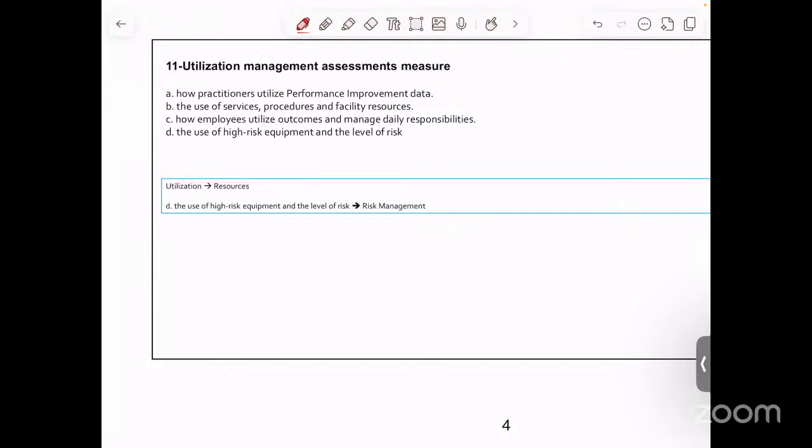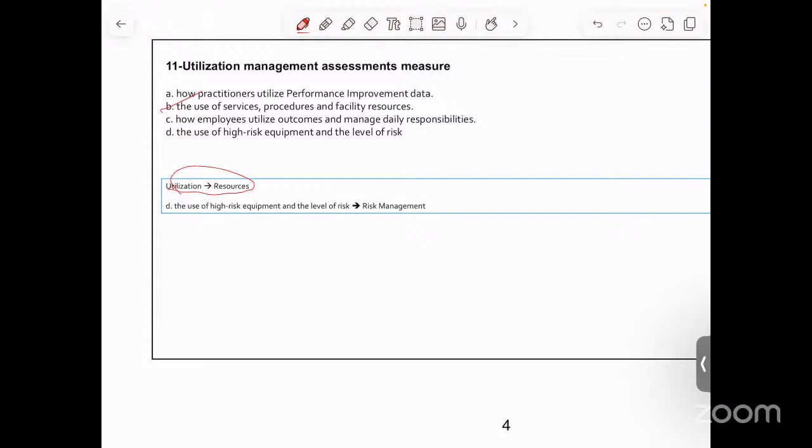When we say utilization, it means the use of services, procedures, and facility resources. So what's your answer? Letter B. Okay, very good. The use of services. Utilization management assessments focus on evaluating how effectively and efficiently healthcare services, procedures, and facilities are being used.